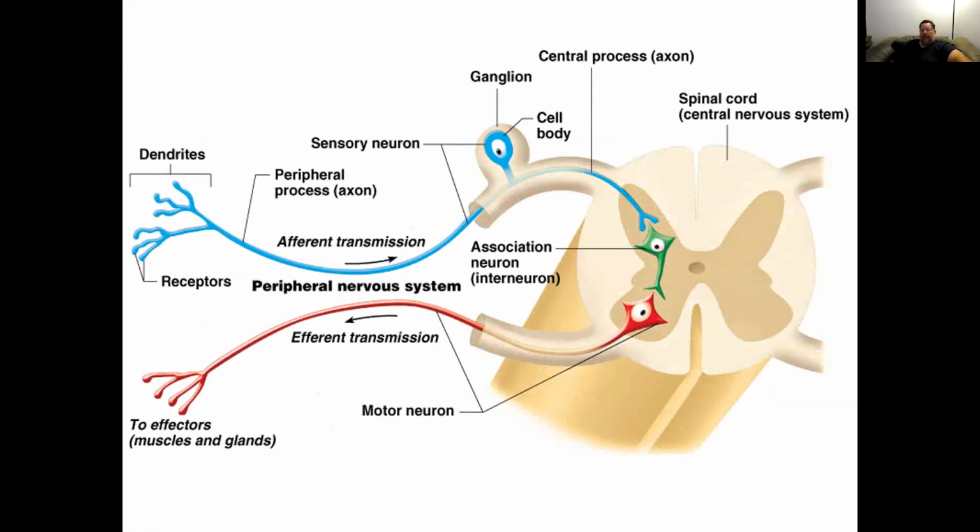And so here is a simple reflex arc setup. Here you have our peripheral neurons. Maybe it's picking up some information from your skin, or maybe there's a reflex in your knee that's getting hit with a hammer. That information will travel down the sensory neuron. And in this case, it looks like a pseudo-unipolar or unipolar neuron.